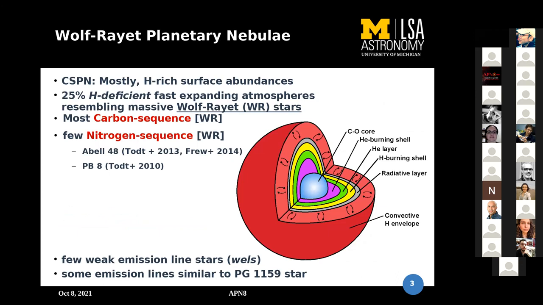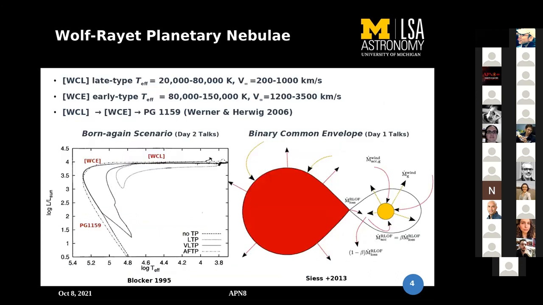The cause of these Wolf-Rayet central stars is not well understood, but there are different scenarios. One is the born-again scenario, with a late thermal pulse, and another is binary evolution, which removes the hydrogen-rich outer layer of the stellar atmosphere.